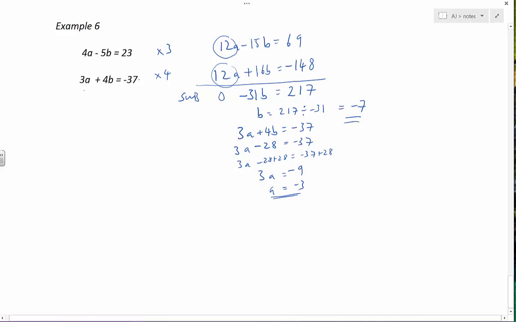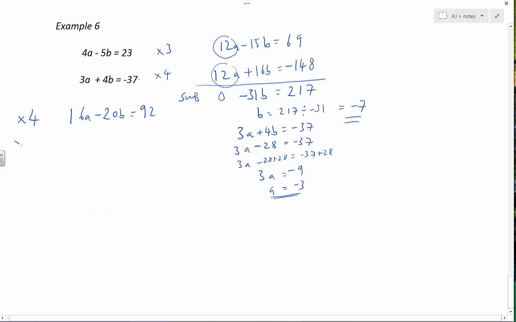If instead we chose to make the b's the same, we have 5b and 4b, so we'd need to make it into 20b. So if instead we multiplied the first equation by 4, we would have 16a minus 20b equals 92.